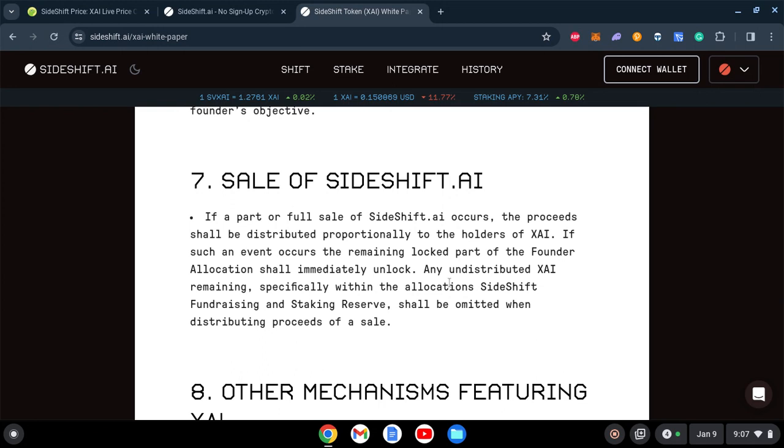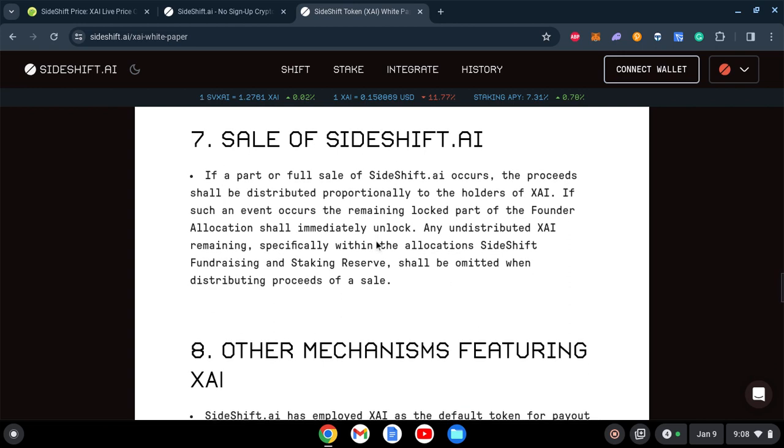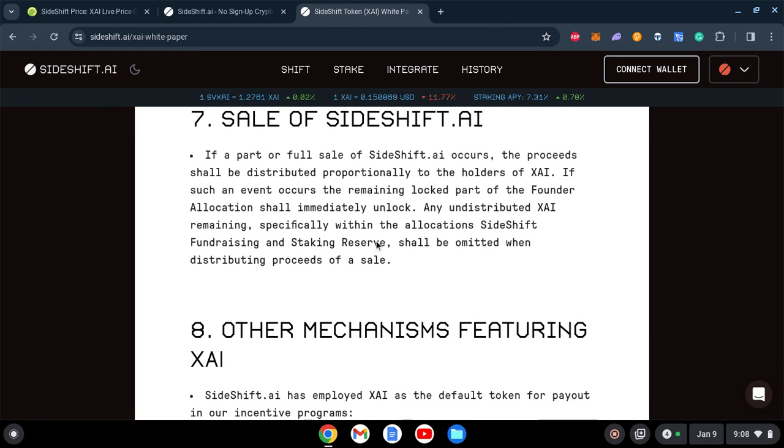If such an event occurs, the remaining locked part of the founder allocation shall immediately unlock. Any undistributed SAI remaining specifically within the allocation, Sideshift fundraising and staking reserve shall be omitted when distributing proceeds of the sale. Again, they will have to ask the community, at least 1000 people who are dedicated to the growth of the project, to decide how this sale of Sideshift.ai or the SAI token is going to be done.